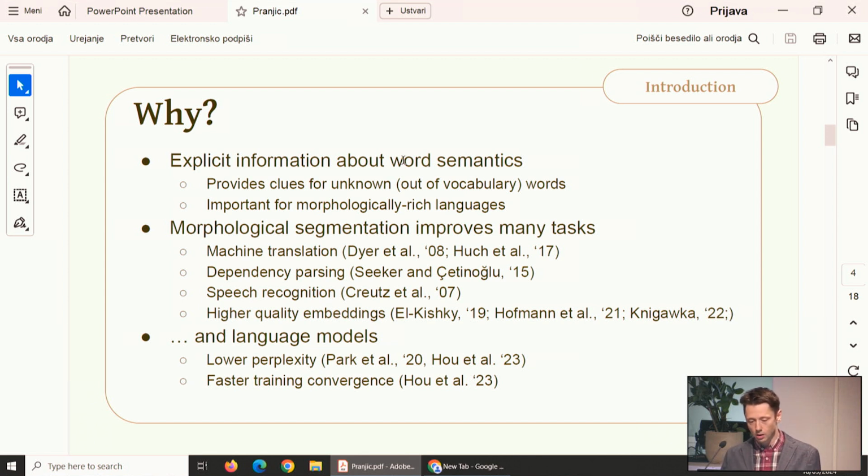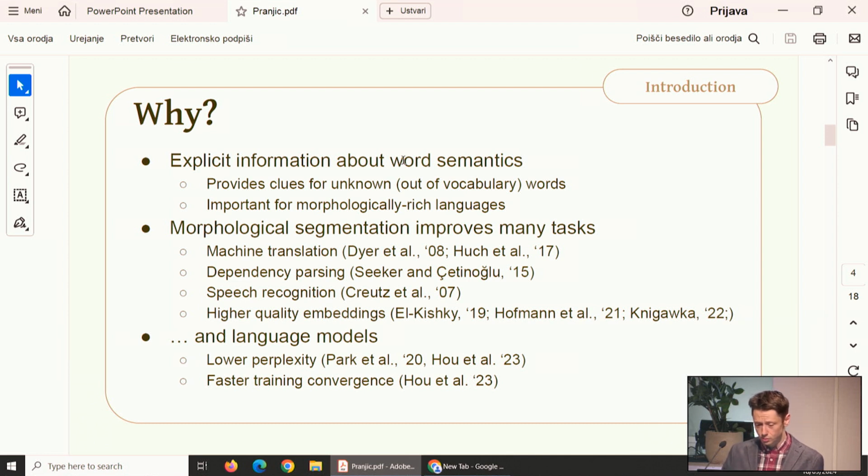We call it an out-of-vocabulary word, and computer systems can just say meh. So this is very important for morphologically rich languages where you can probably never cover all the variations of words that you can encounter in the text.